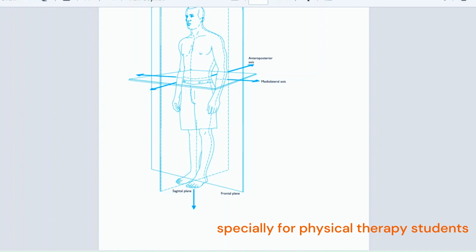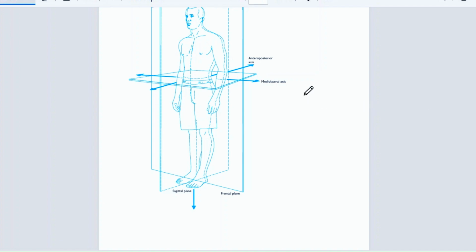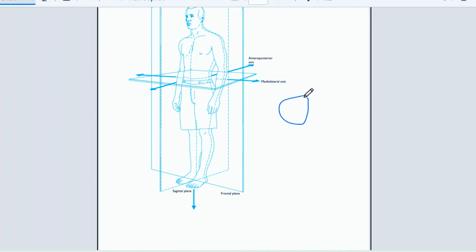In the frontal plane, you divide your body into anterior and posterior halves, the front and back parts. You can see this is an imaginary plane. This is how you divide your body. I can give you an example: just take this ball as an example, and treat it as a human.